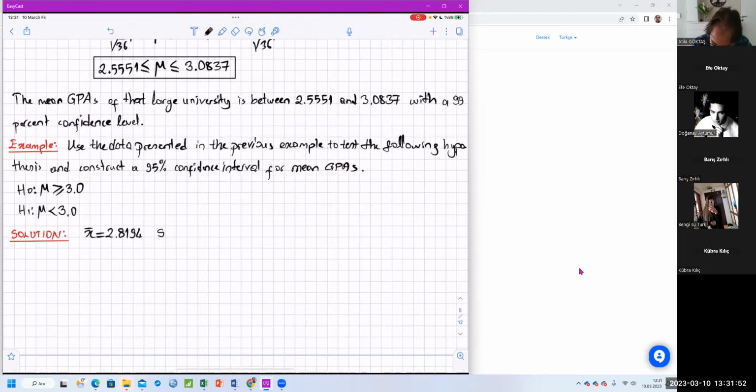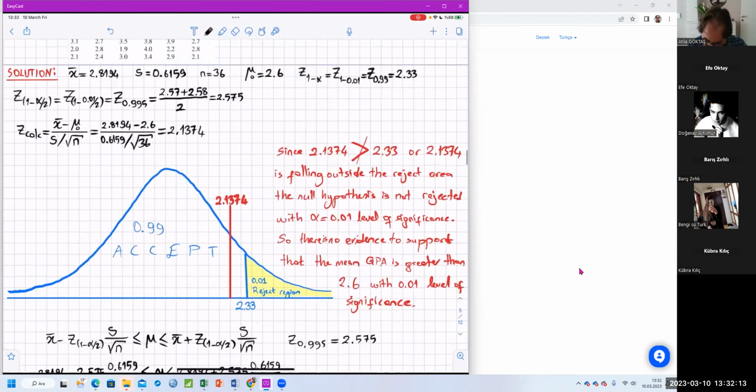And the sample standard deviation was 0.6159. And the sample size is 36. And mu null is changing now. It's 3.0. Okay, what else do I need?